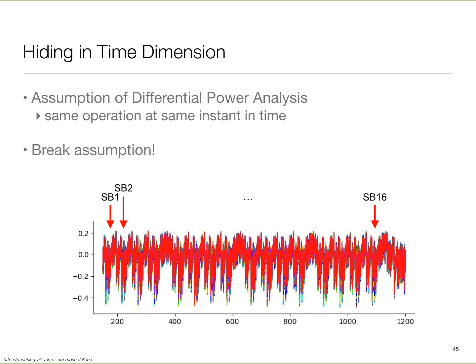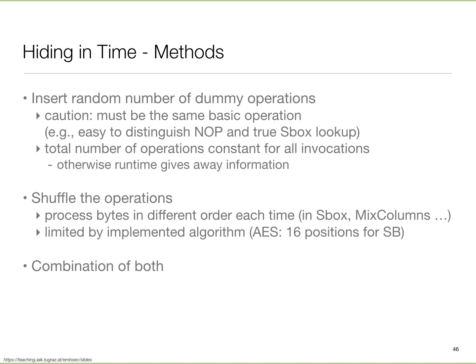So insert a random number of dummy operations, shuffle the operations, do combinations of these, and try to hide things in the logic of the program. These are a variety of ways people go around hiding things, but still it's a cat and mouse thing.